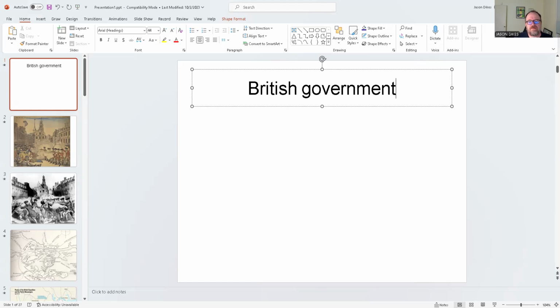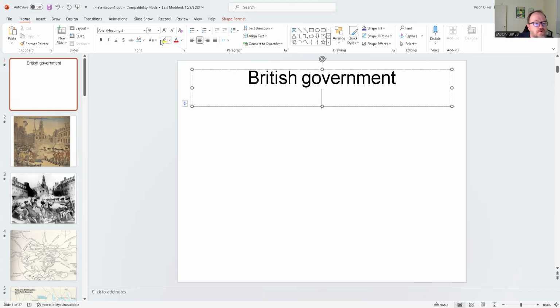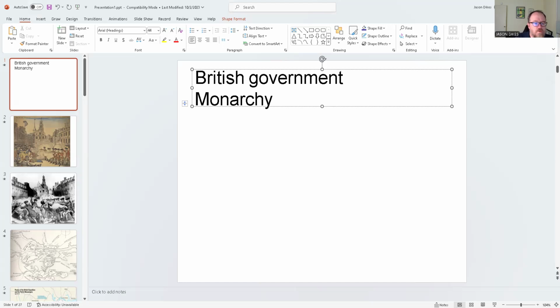But basically, there were 3 parts of government. And I'm not going to get into the British court system because that is its own beast. All right. So the first part of British government was, of course, the monarchy.